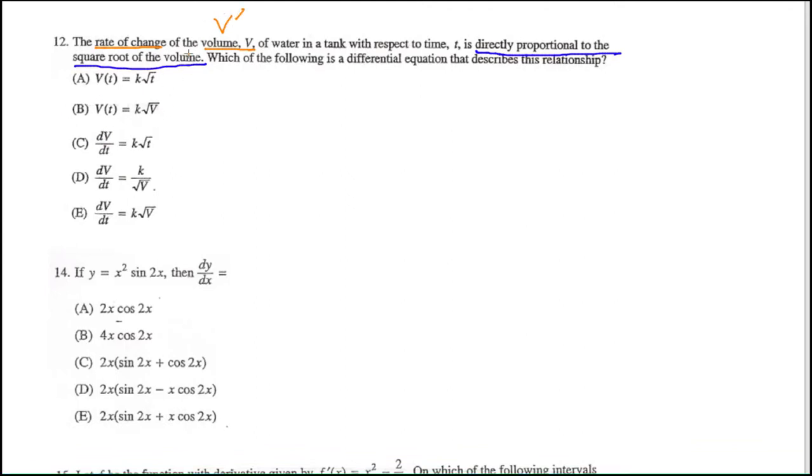So this means V prime, or dV/dt. Just from that alone, let's automatically cross off A and B. We're talking about V prime, and it's proportional to the square root of the volume. Which one of these has a square root of the volume? That one doesn't. It's between D and E, but it's not inversely proportional. That would be D, so this is inversely proportional.